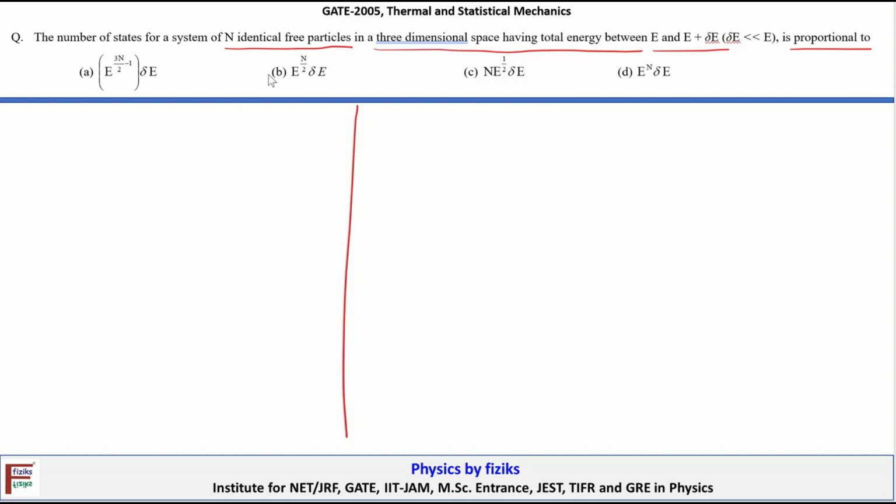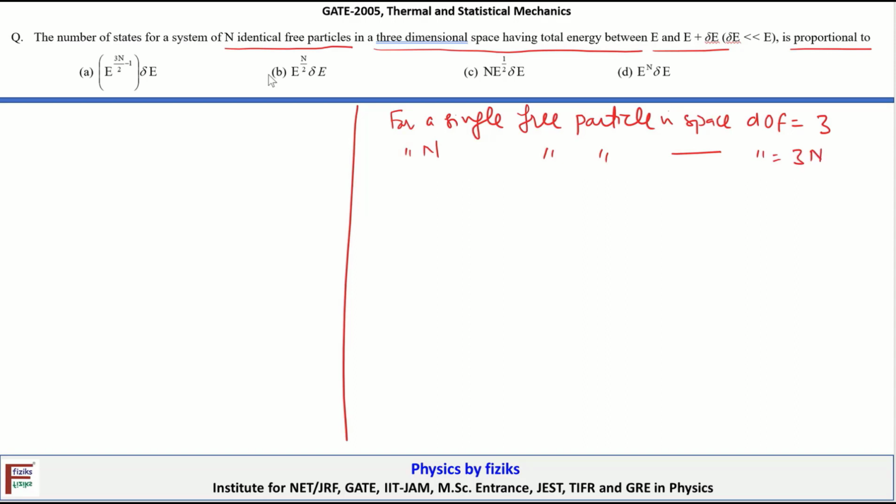Okay, so for a single free particle in free space, the degrees of freedom are equal to 3. So for n free particles in space, the degrees of freedom are equal to 3n, and we call this d.